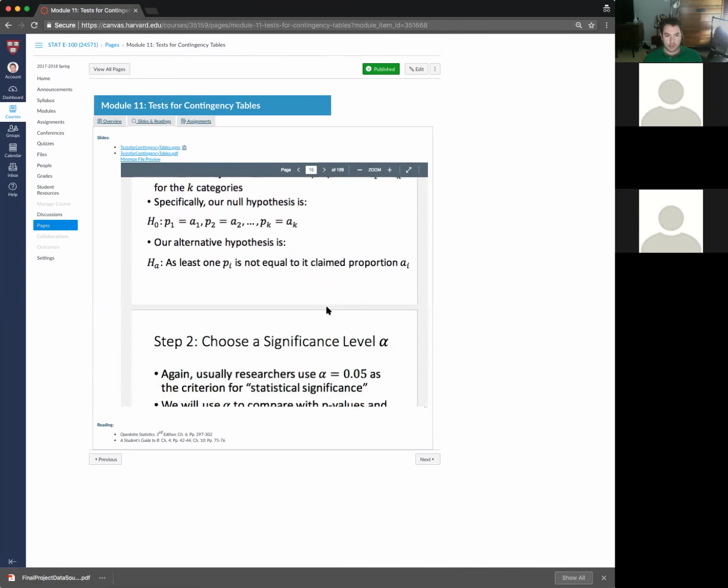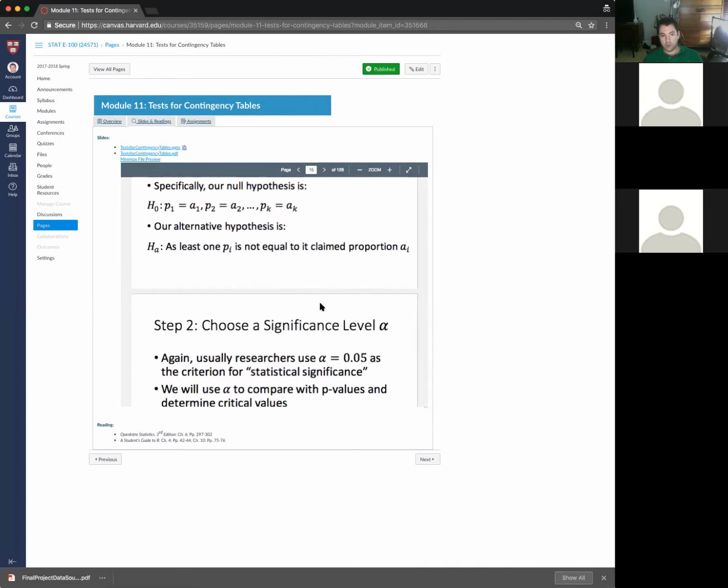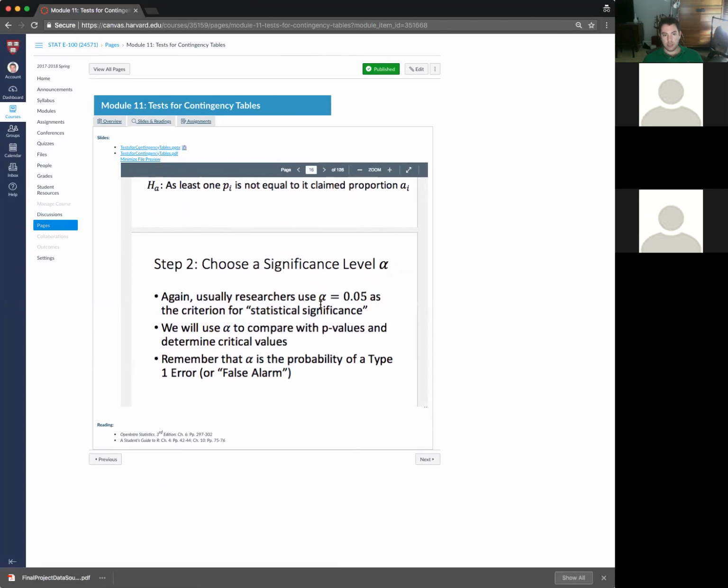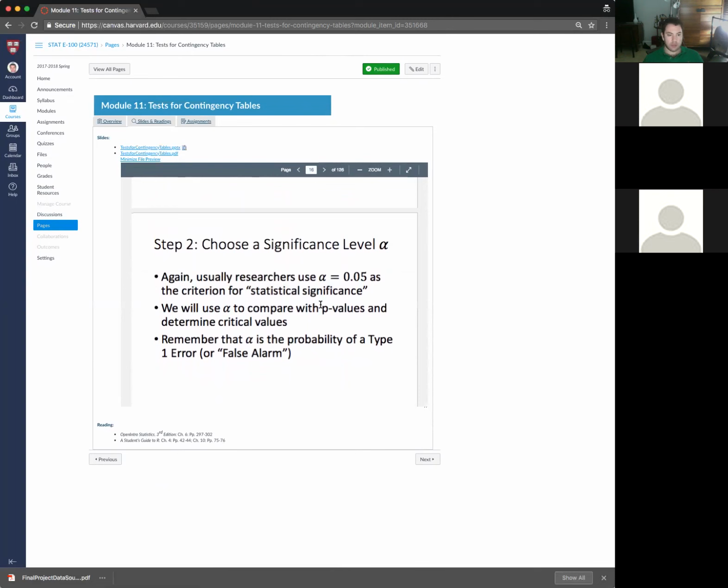So our hypotheses for this test will be that the proportions in each of the different categories are equal to what is claimed. And the alternative is that at least one of them is not equal to what is claimed.